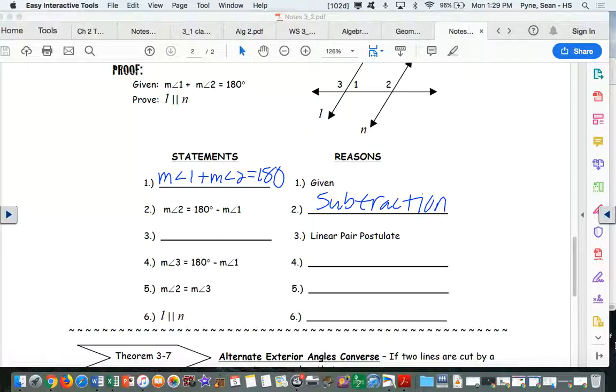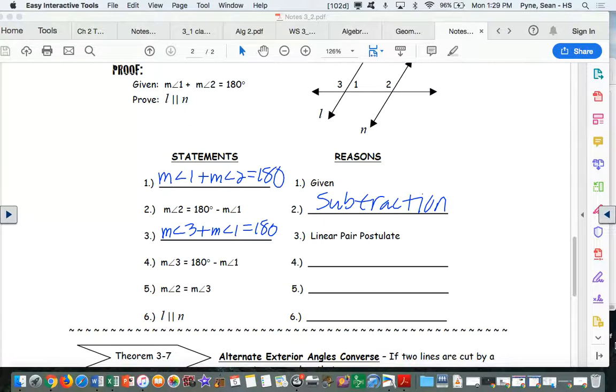Now, number 3, there is no statement, but they're giving me the reason: linear pair postulate. So basically, the definition of a linear pair. Where do we see that in this problem? Angle 3 and angle 1. The way we write that is the measure of angle 3 plus the measure of angle 1 equals 180. That's what a linear pair is really telling me.